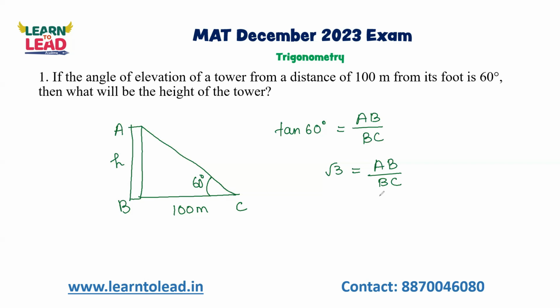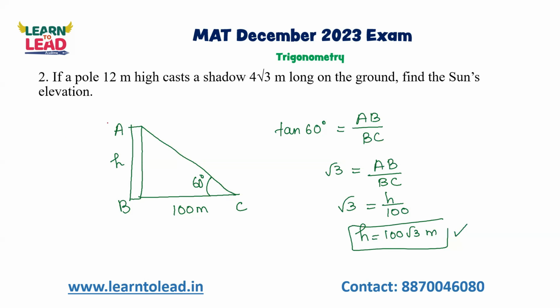AB is nothing but height h. BC is 100. So h is equal to 100 root 3 meters, your answer. Height of the tower is 100 root 3 meters. Now, we see the next question.